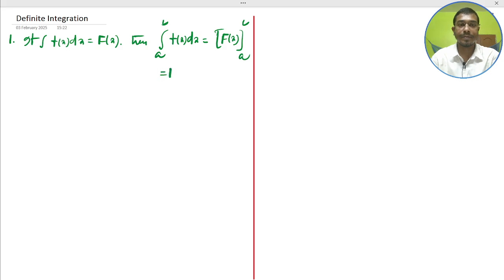This is defined as F(b) minus F(a). Put the upper limit, then minus the lower limit.